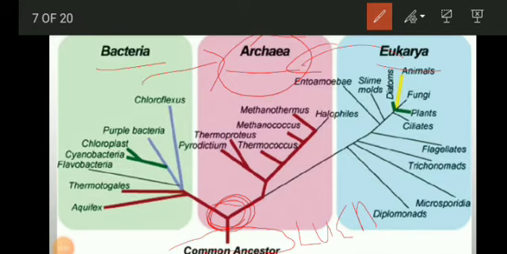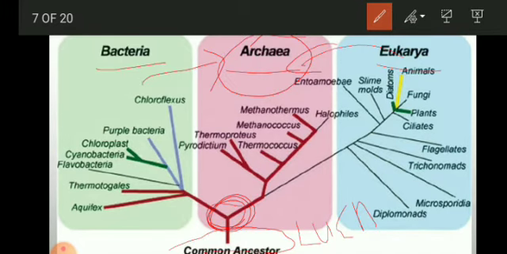So in this phylogenetic tree, we can see that there are three domains. Bacteria are the very first prokaryotic organisms, which are actually the base. From here, the common ancestor diverges into two branches, bacteria and archaebacteria. Archaebacteria closely resemble bacteria, but also resemble archaea.